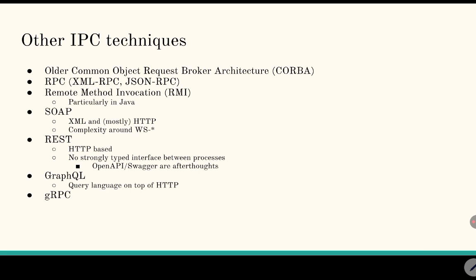But what other IPC techniques or technologies were there and are there, right? When we get to hear about RPC and interprocess communication frameworks, obviously TCP/IP and TCP raw sockets is one definite IPC mechanism. But we are talking about the frameworks here, so not just the raw sockets and so forth.